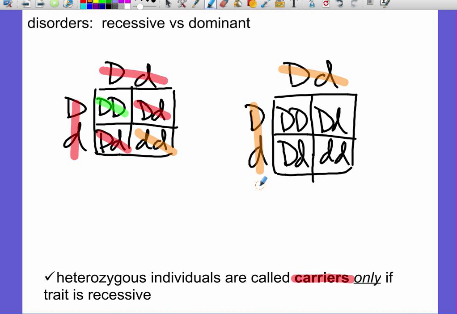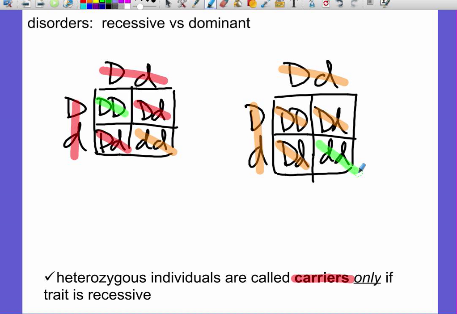So remember, in order to show a dominant trait, all you need is one dominant allele. So every one of these three offspring is going to show that trait. They're going to express that disorder. They're going to have that disorder. Whereas there's the one offspring down in the corner, that 1 in 4 chance that they might be free and clear and not have that disorder.